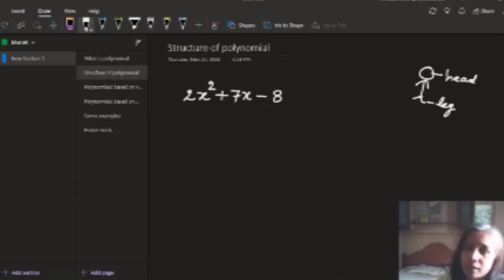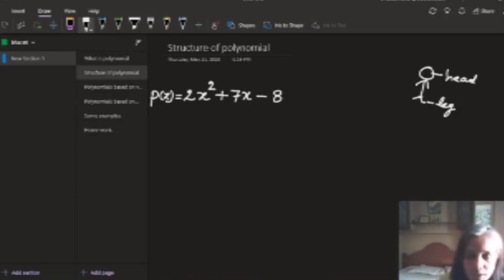Usually we write the polynomial as p of x is equal to. From now onwards we have to use this notation to write the polynomial. P of x is equal to 2x square plus 7x minus 8. Here in this polynomial, we have to understand the structure.